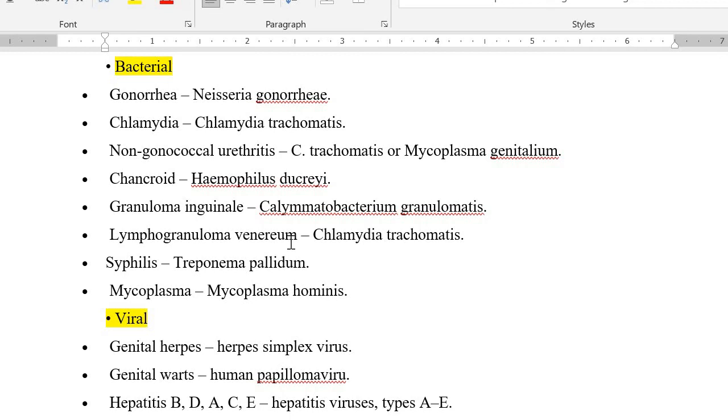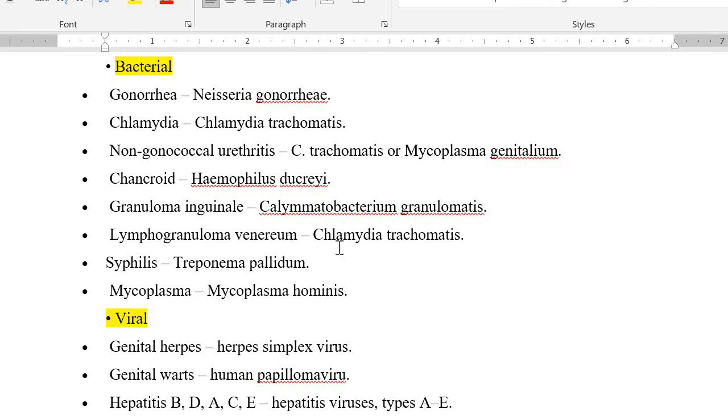They will tell you that an ulcer developed rapidly, you applied steroids and it rapidly disappeared. So that is granuloma inguinale. Then there can be lymphogranuloma venereum caused by Chlamydia trachomatis. Then syphilis, caused by Treponema pallidum, and another caused by Mycoplasma hominis.